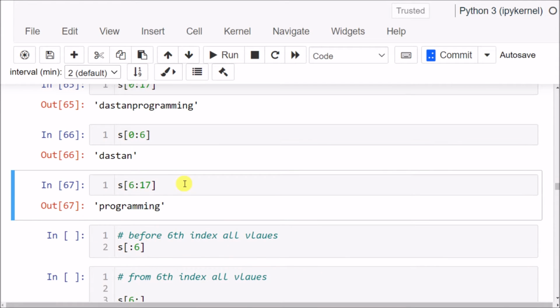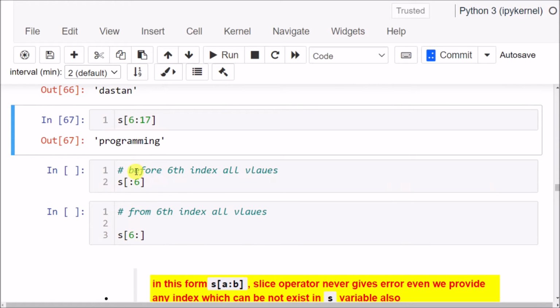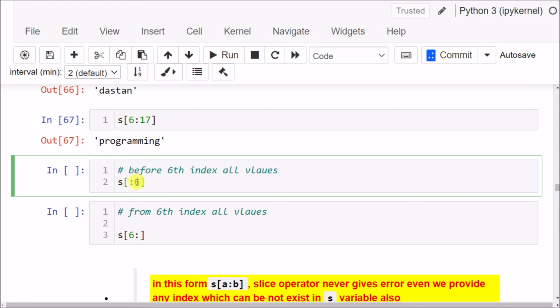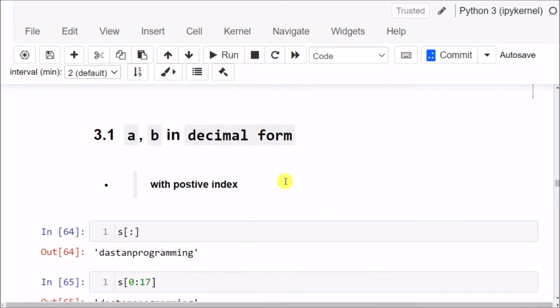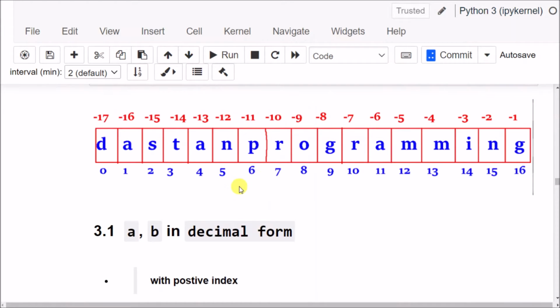And here, the default value of A is what? 0, meaning we want to print from 0 to the 5th, because 6 is excluded. So before 6 we have to print all those values. Before the 6 index, all these values are considered, that is Dastan.